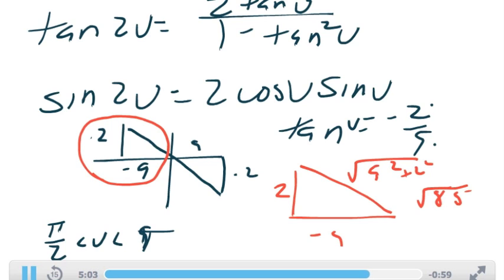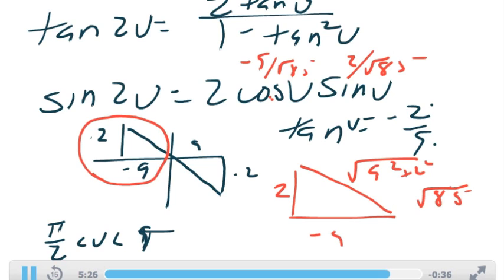So now then I know what sines and cosines are, right? So I can actually fill this thing back in with things that I've gotten off my triangle. 2 cosine u, well, that's just minus 9 over square root of 85. And sine is 2 over square root of 85.